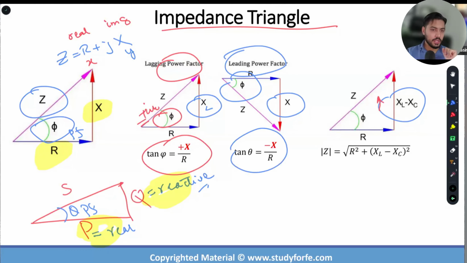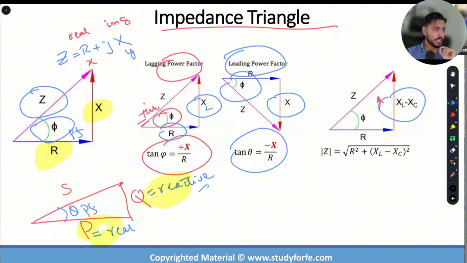And the angle can be calculated by taking the ratio of your y component to your x component, and this is just pure trigonometry. But the key component over here, from a power system standpoint, from a circuit analysis standpoint, from an impedance standpoint, is to recognize that your R remains positive, right? It is a scalar quantity.